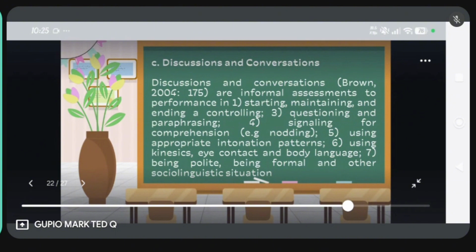In discussion, participants share opinions, ask questions, agree or disagree, and build on each other's ideas. Conversations between friends, family members, or colleagues are interactive because they involve continuous exchange and feedback. So next please.